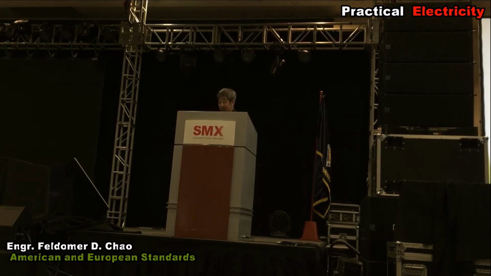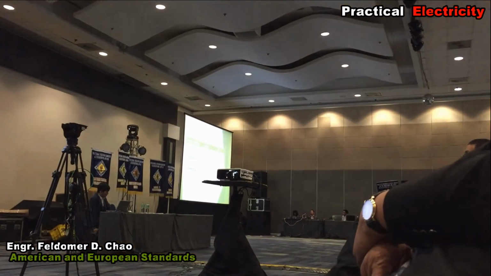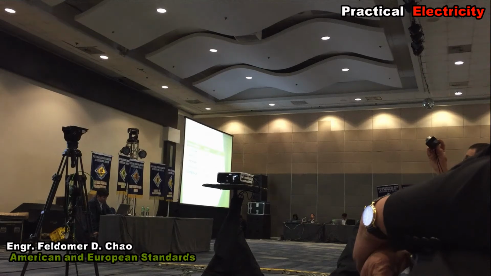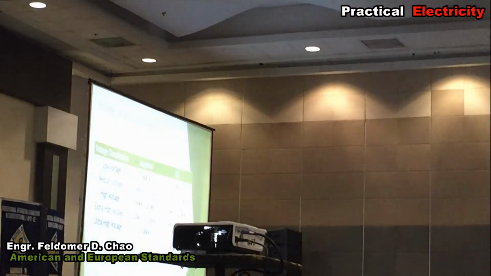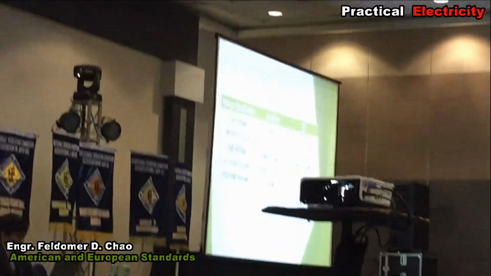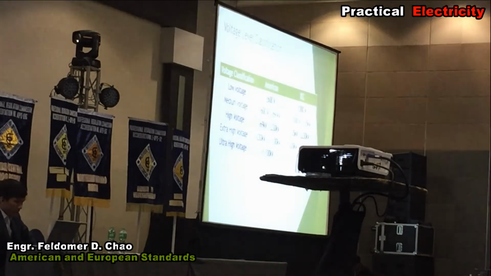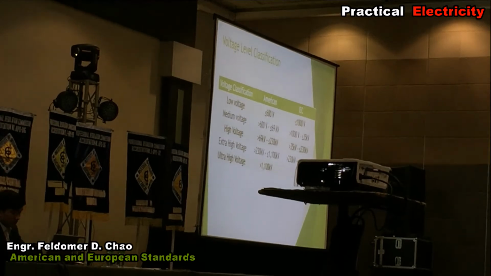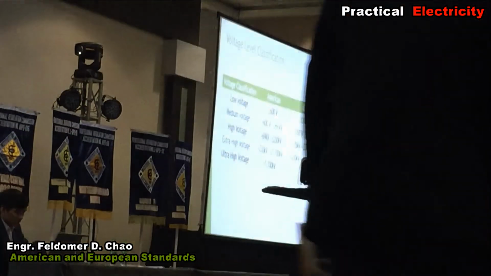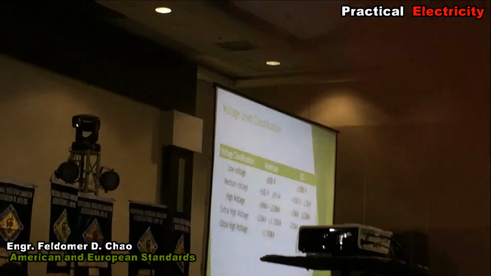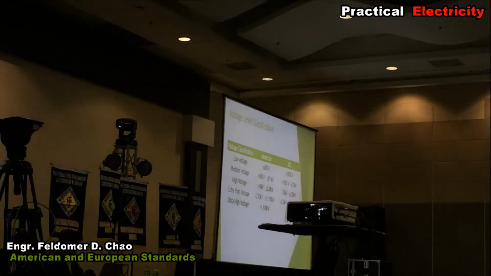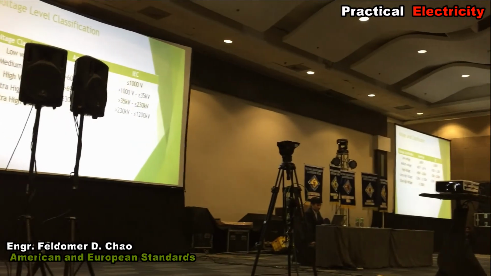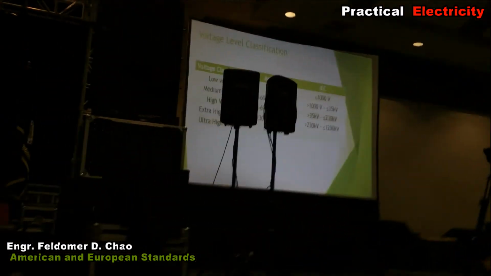Okay, so what would be the common differences between the American and the European? Voltage classification, you already have a problem there. In terms of medium voltage, we know that the Americans, from the NEC, are trying to upgrade it to 1000, to harmonize with the IEC standards of less than or equal to 1000 volts being classified as low voltage.